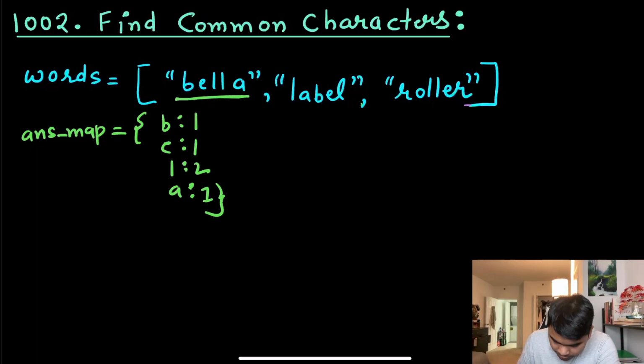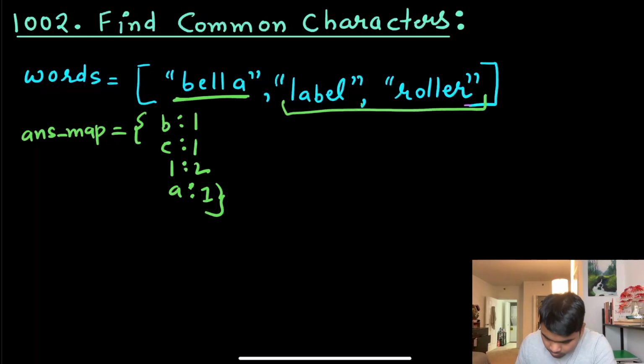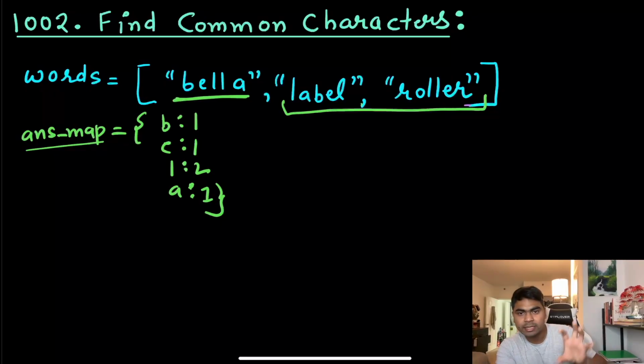I'm utilizing the first word. Now I will iterate over all these words, but what I'll do is I'll create their map as well, and then I will modify answer map such that, first of all, that key needs to exist in both maps.